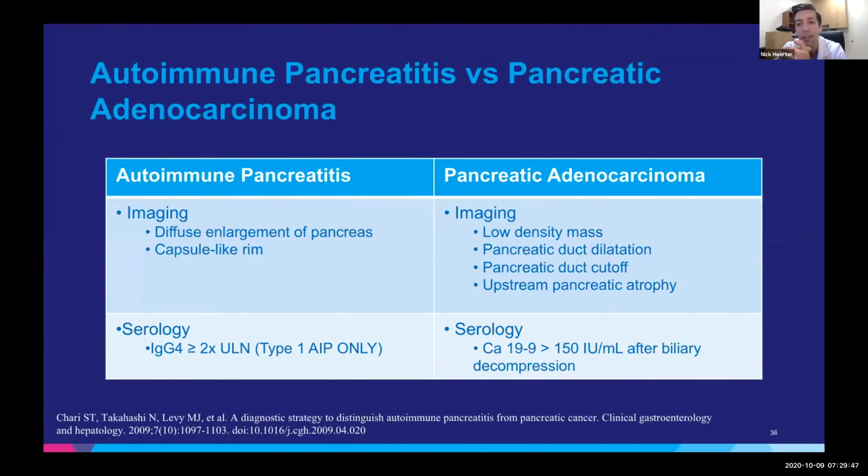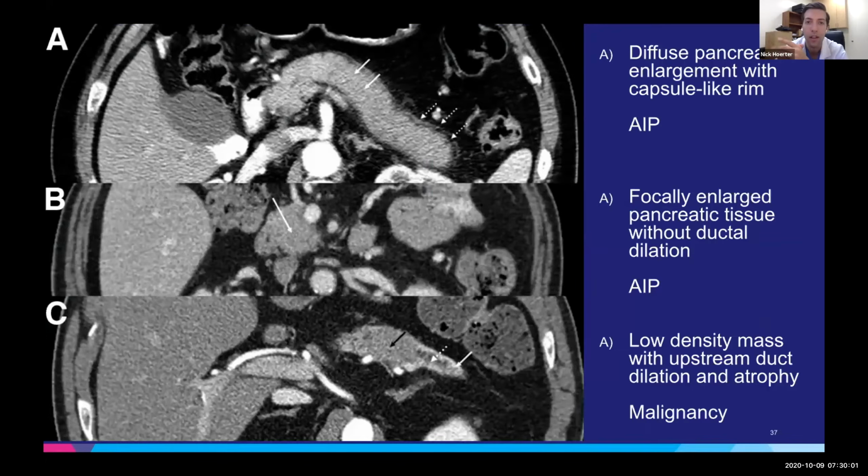And similarly with pancreatic cancer, you might see an elevated CA19-9, although that can be elevated in many forms of pancreatic biliary disease, especially with biliary obstruction, as in this case, so that wouldn't have necessarily guided us either.